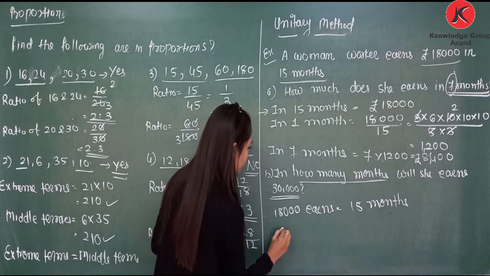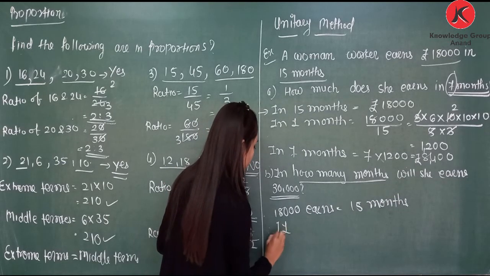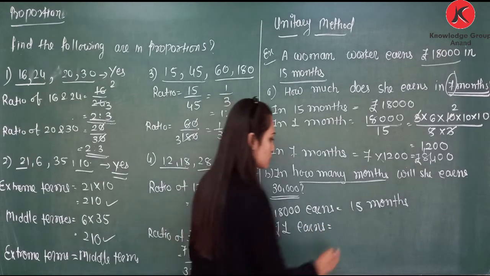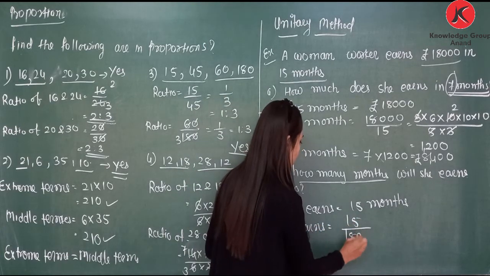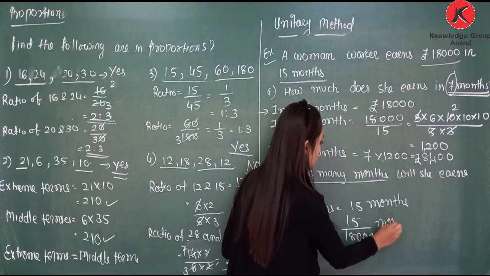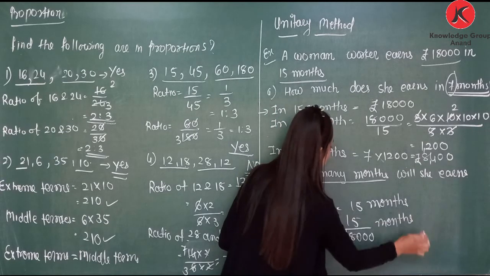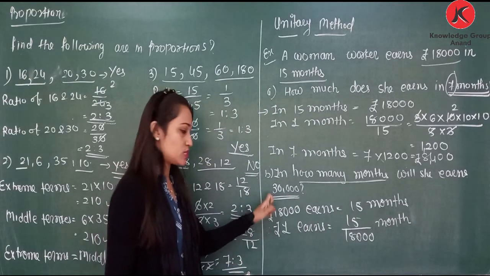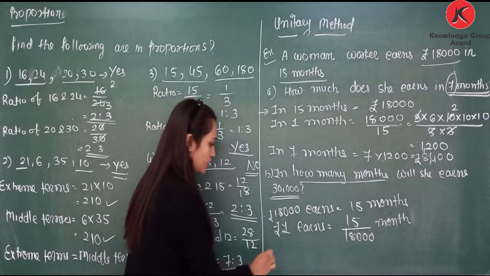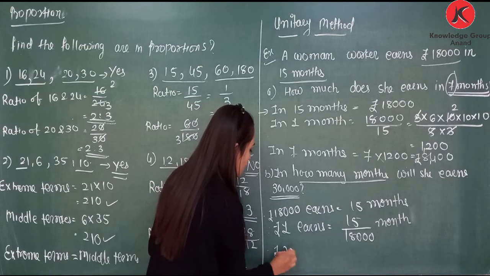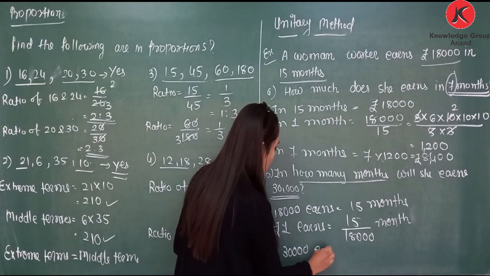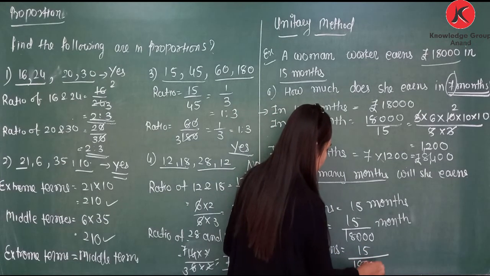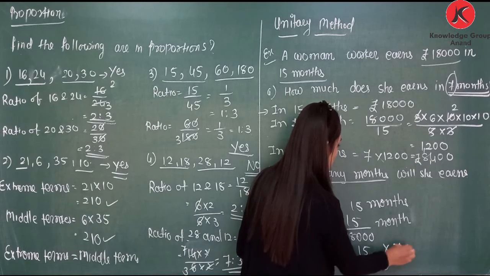So rupees 1 is earned in 15 divided by 18,000 months. Here we need to find for 1 rupee, because to get the value for 30,000 rupees we need to get the value for 1 rupee. Now we can write rupees 30,000 earned in 15 divided by 18,000 multiplied by 30,000.